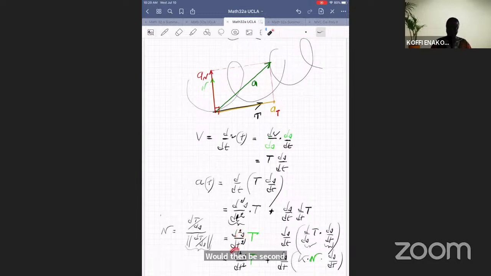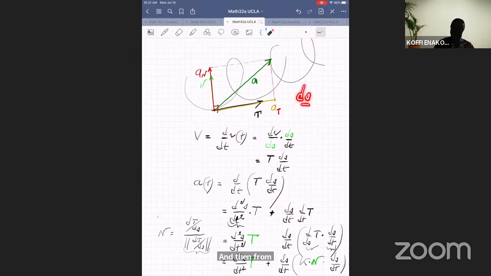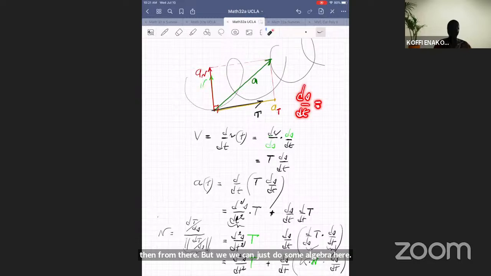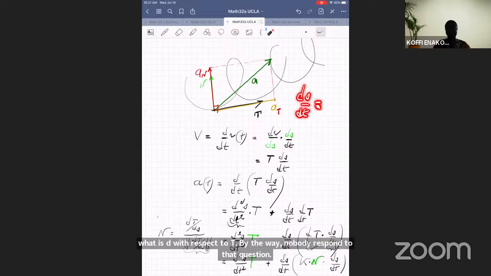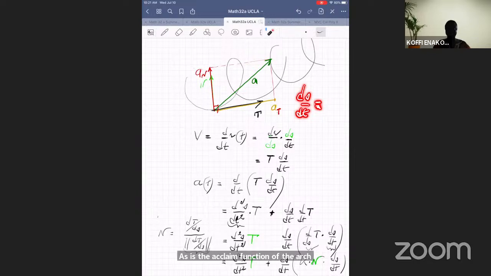And we'll see later what this corresponds to. But we can just do some algebra a little bit over here. What is d with respect to t of s, by the way? S is the arc length function. If I take the derivative with respect to t of the arc length function, I find what?